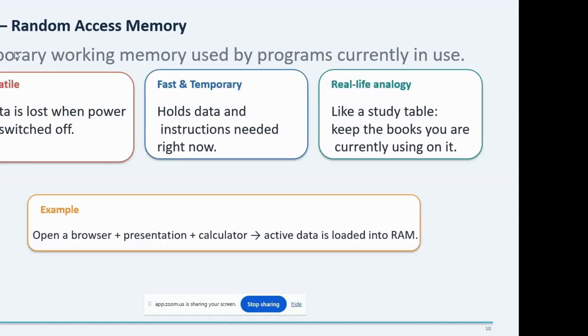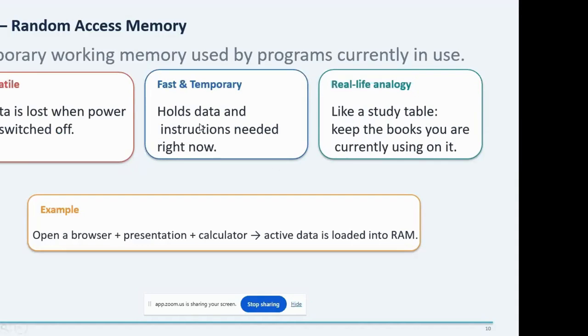I cannot retain it from my memory. The reason is that my Word document was present in the random access memory. So random access memory is not permanent, it is temporary. That is why it has one more name: volatile memory. Data is lost when the power is switched off. That is called RAM.